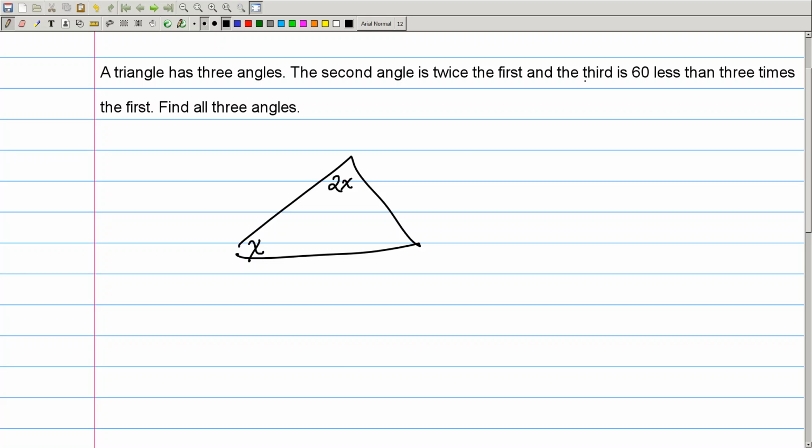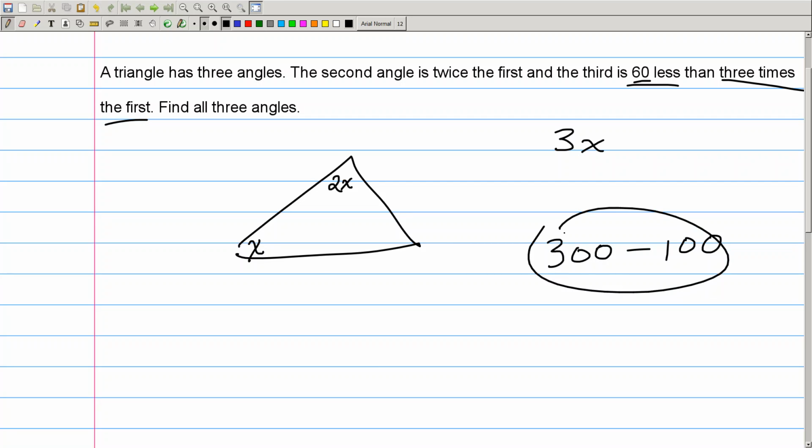Now, what does this mean? The third is 60 less than 3 times the first. Well, 3 times the first, we understand. That's 3x. We understand what 60 means. 60 less than. Well, let's say 100 less than 300 is 200. That can be written as 300 minus 100.